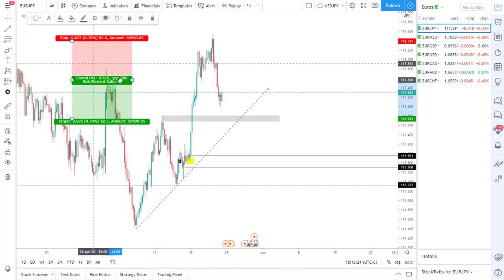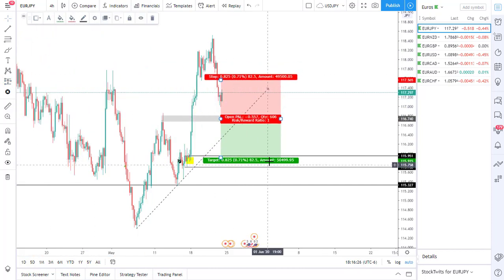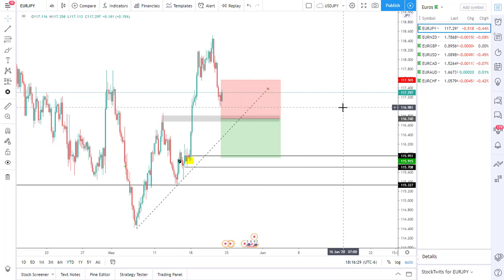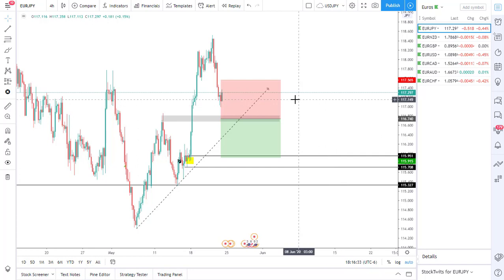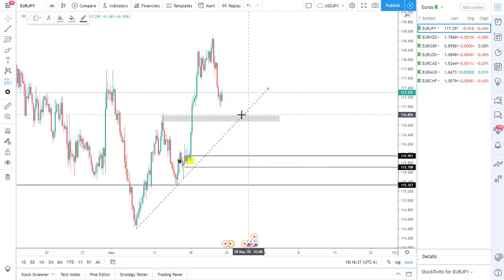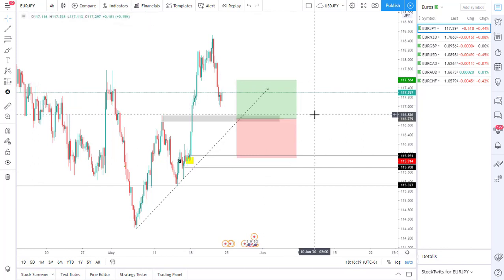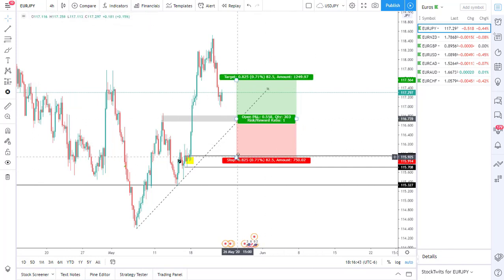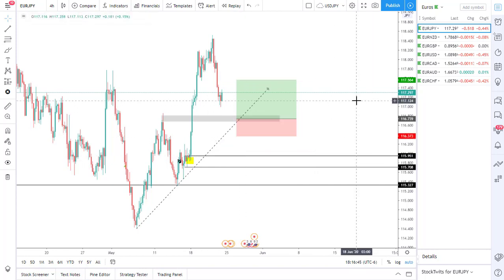Where is the liquidity? If they are seeing their 61.8 level long, that means that their stop loss is below. First thing first, identify liquidity.